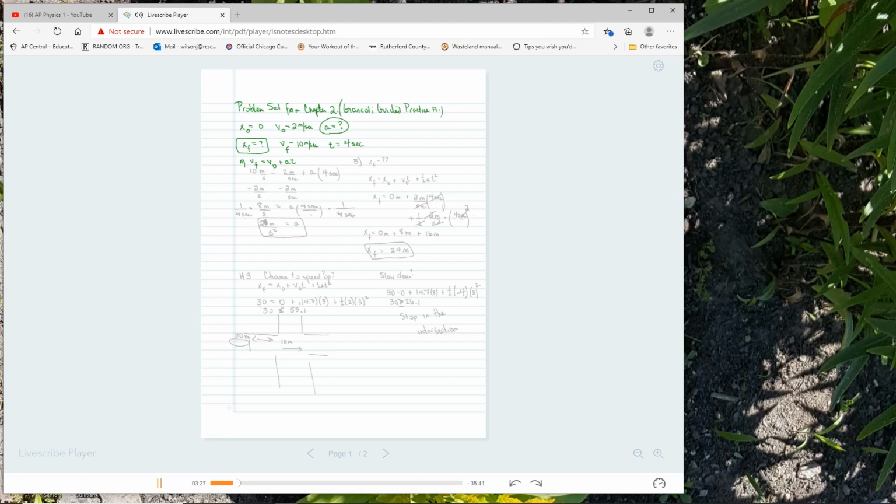So then I'll fill in what I know. We end at 10 meters per second. We start at 2 meters per second. We have an acceleration. And we have a time of 4 seconds. So I subtract on both sides.